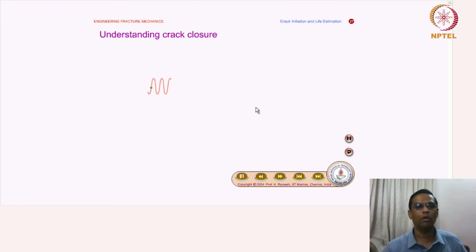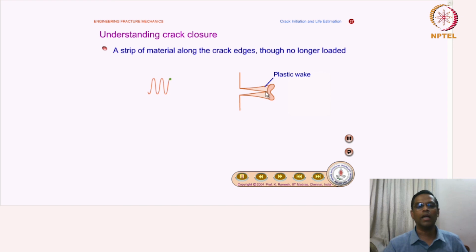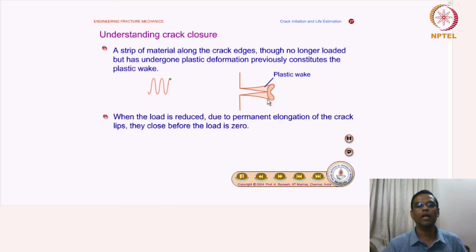This is one model. Another thing is, here is a crack, and around this crack you have the plastic wake, and then the plastic zone is formed here.